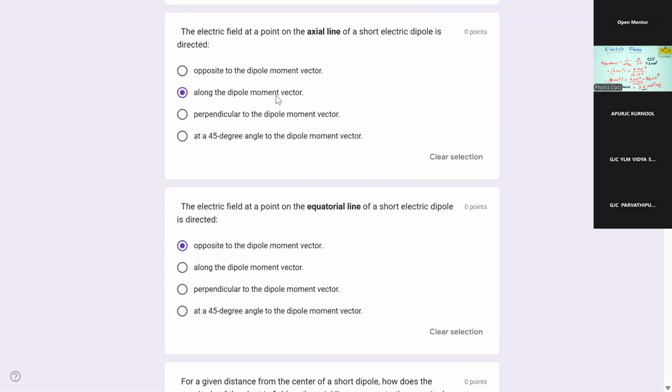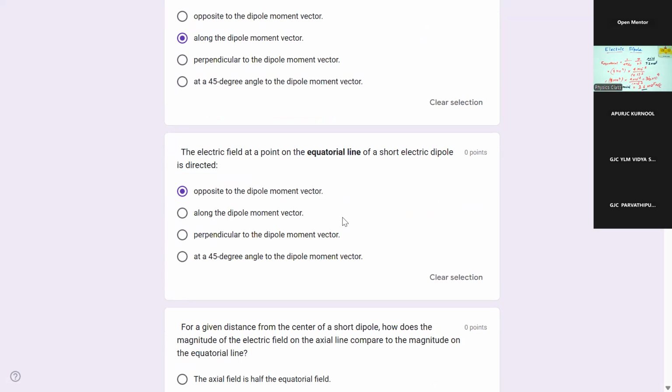In the axial plane, it is along the dipole moment vector; in the equatorial plane, it is opposite to the dipole moment vector.